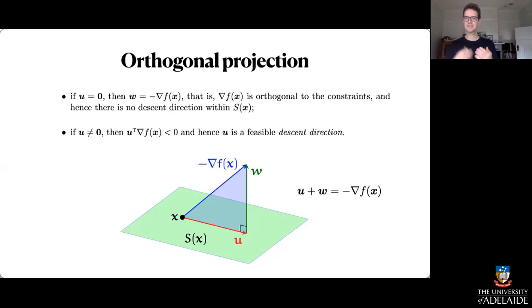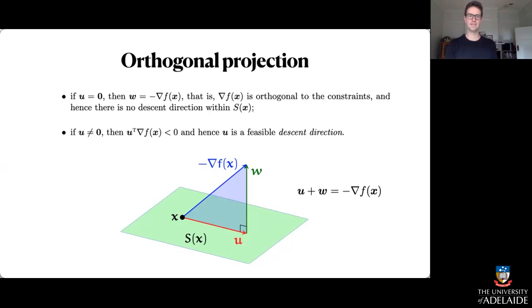So we really want to write negative gradient f of x as u plus w, right? And there's a couple of things that can happen here. If u is equal to 0, so negative gradient f of x points directly out of the page, up from this green surface here, and the gradient f of x is orthogonal to those constraints, then there's no descent direction that I can take that's within my active constraint set S. So that's a special thing.